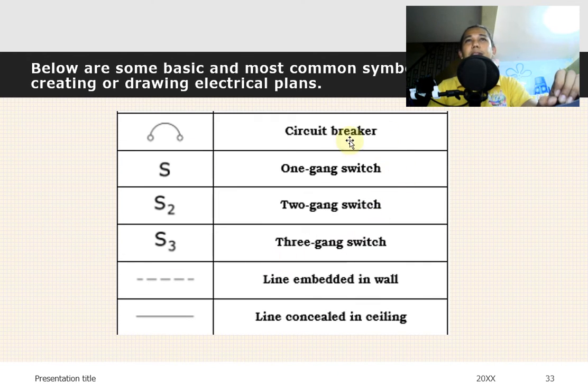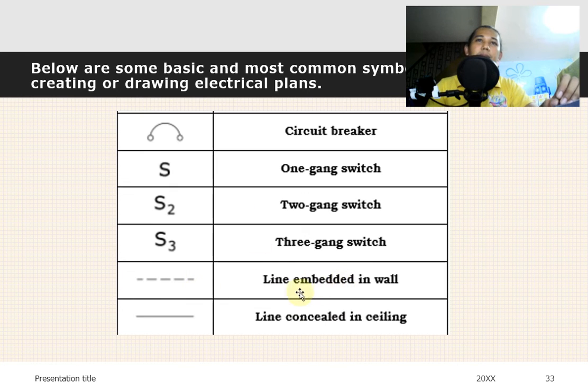We have also here the circuit breaker. Ayan, ito po yung symbol ng circuit breaker. Bakit po ganyan yan? Kasi ang ibig sabihin po niyan ay napuputol siya once na nagkaroon ng electrical overload. Yan. One gang switch, sabihin isang pindutan lang. 2 gang or 3 gang, so syempre tatlong switch na po yan.